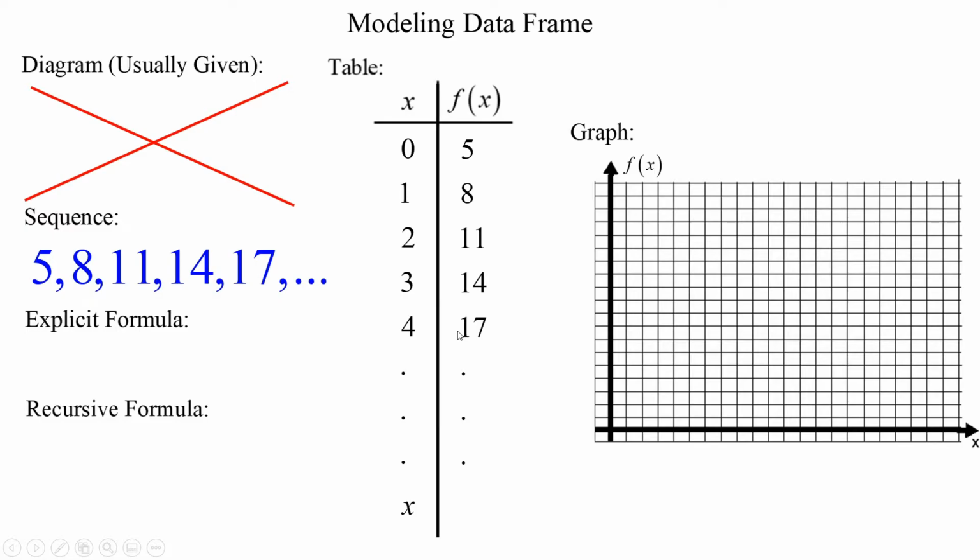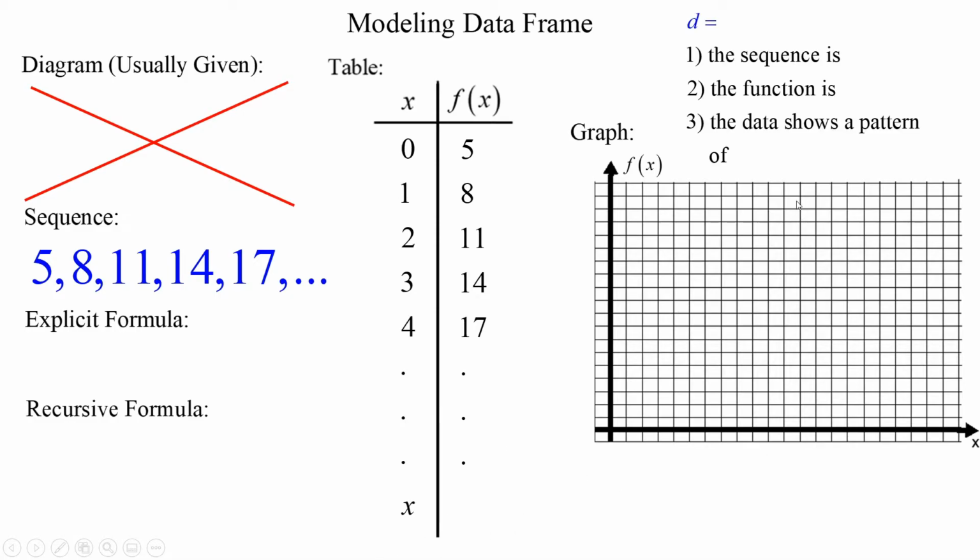All right. So let's talk about our pattern of change and start setting up our graph. So we said we had a common difference in the sequence, and the sequence has a common difference of 3. We are adding 3 every time, so d equals 3.